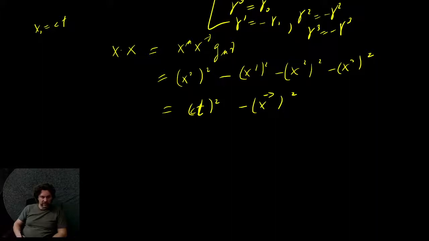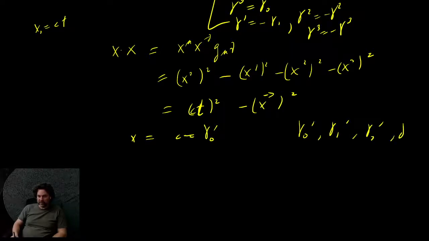Now, in particular, let's suppose that x was c tau gamma naught prime. So in some frame, gamma naught prime, gamma 1 prime, gamma 2 prime, gamma 3 prime, we can make a transformation from our original basis to this new basis. And if we do that, that transformation could eliminate all of the spatial components of the vector.